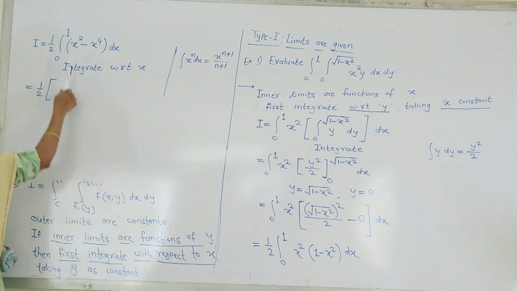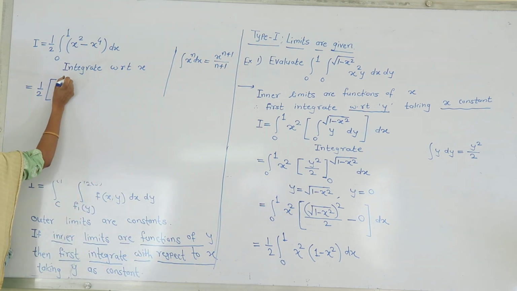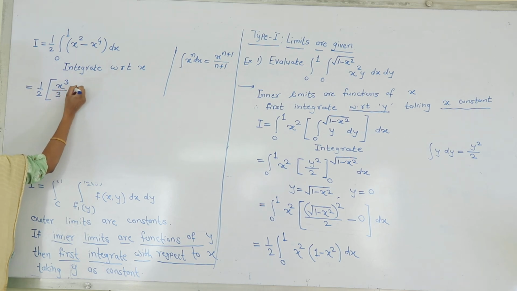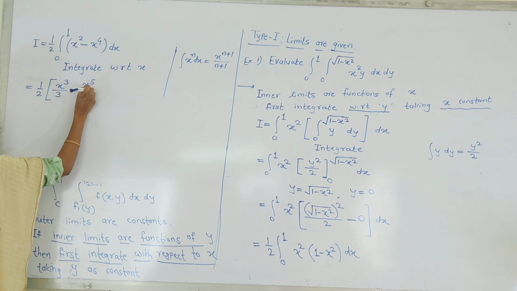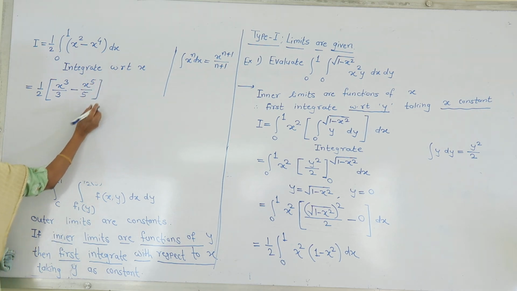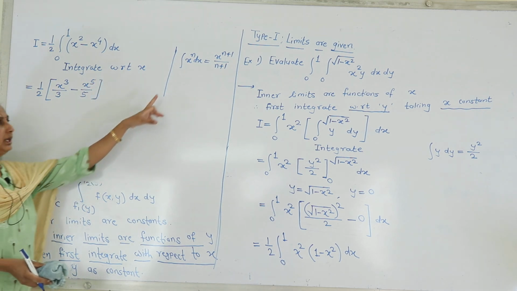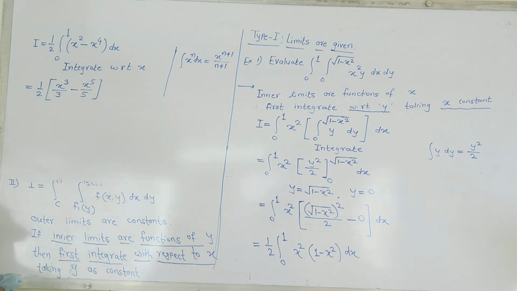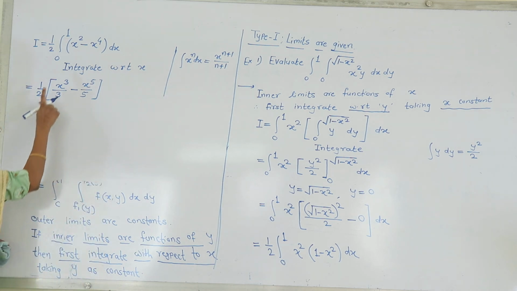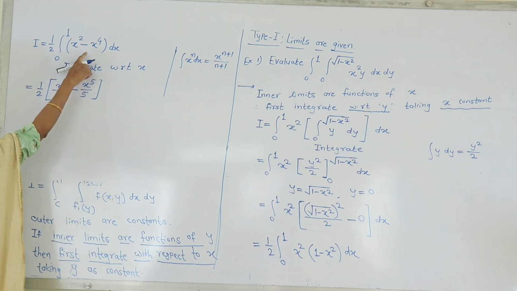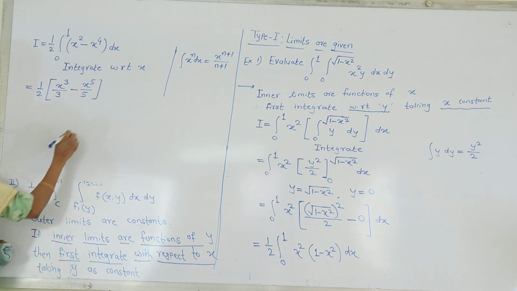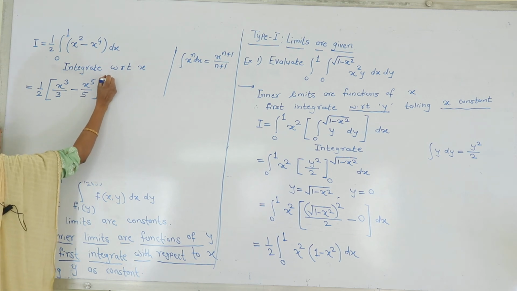Then integration of x square is x cube by 3 minus integration of x raised to 4 is x raised to 5 upon 5, that is x raised to 2 plus 1 upon 2 plus 1, x raised to 4 plus 1 upon 4 plus 1, and limits 0 to 1.